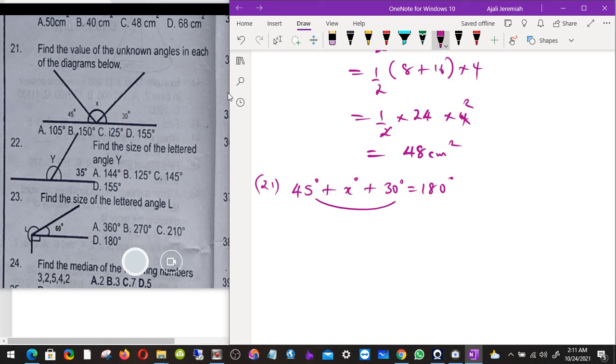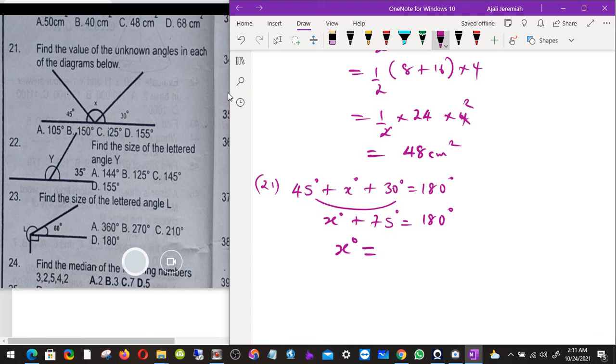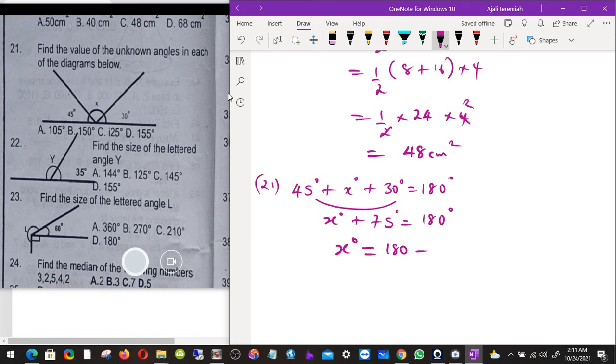If you add this, X degrees plus 75 degrees is equal to 180 degrees. So X degrees becomes 180 degrees minus 75 degrees, and X degrees becomes 105 degrees. That's option A.